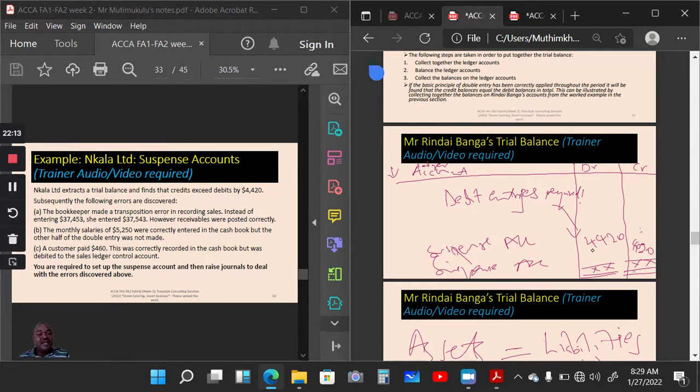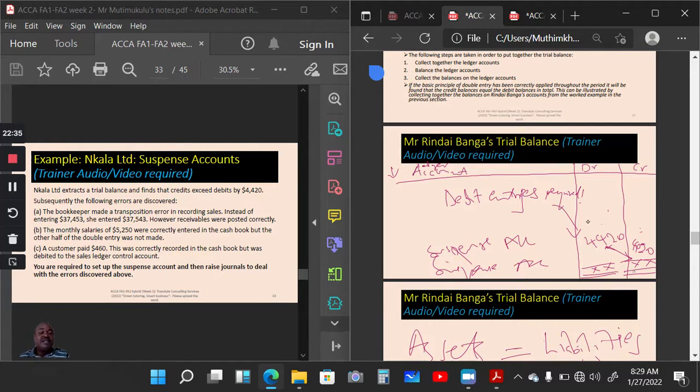In the end, when we find those entries required to fill up the gap, we then have to make a closing suspense account to ensure that they cancel one another and the correct entries are put in the trial balance.